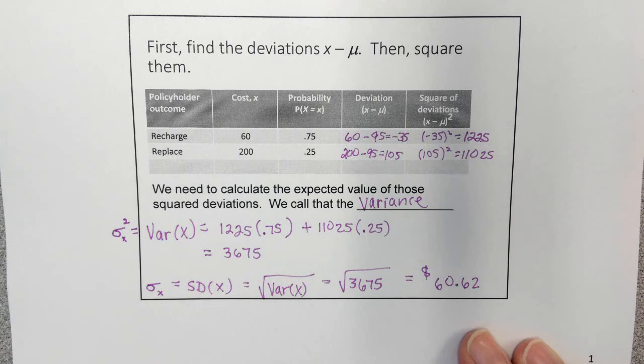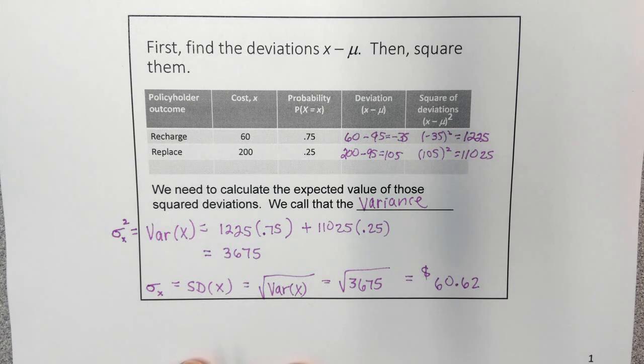It is money, so nearest hundredth makes the most sense. So we have an average repair bill of $95 with a standard deviation of $60.62. It's a fairly large spread, because there's a big difference between a $60 charge and a $200 charge. So you would expect a very large spread, average distance from the mean. And that's what that really is.